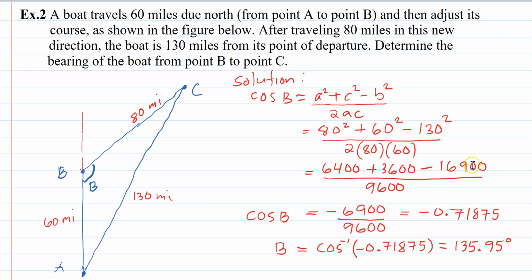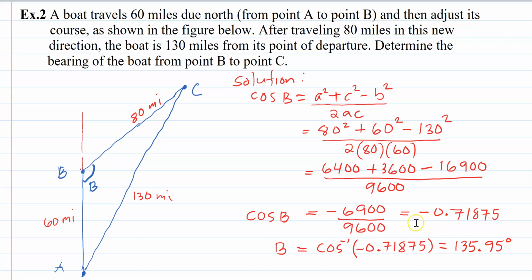Combining these three numbers together, this will give us negative 6,900. And also to multiply 2 times 80 times 60, that gives us 9,600.